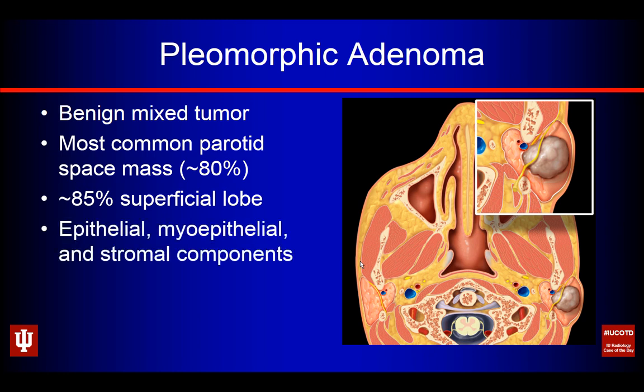These get the name of benign mixed tumor because they contain epithelial, myoepithelial, and stromal components. And despite their name of a so-called benign mixed tumor, these can actually be bad actors for a couple of reasons. First of all is the risk of seeding with biopsy. That's really quite a small risk if you're doing coaxial technique and aspiration.